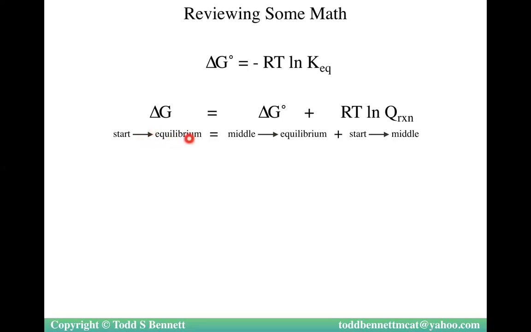So delta G is from start to finish. Delta G naught is from standard to equilibrium. And then this is start to standard. I consider the standard to be in the middle. If we have all reactants, we go to standard, which is a balance of reactants and products, and we finish as all products. That's what I'm visualizing. So if you want to rewrite this as standard, that's perfectly fine as well.